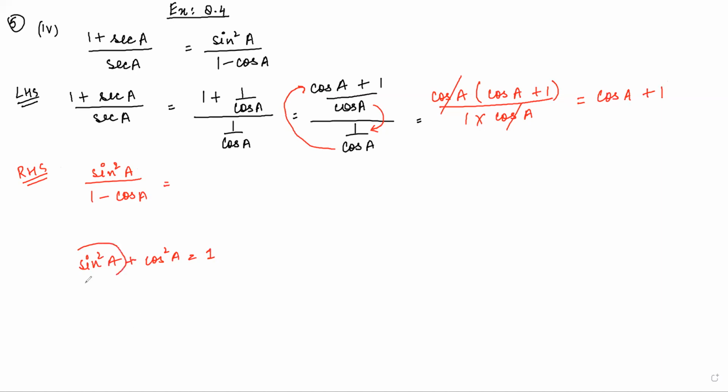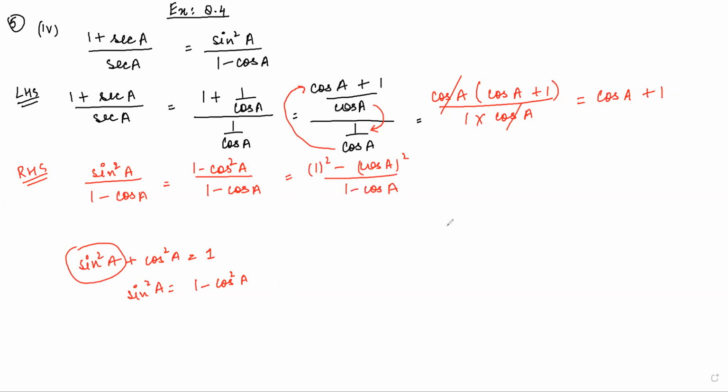So in place of sine square A, I get sine square A as 1 minus cos square A. Whenever you have sine or cos, you can convert it into the other by using this identity. So sine square A, I can write as 1 minus cos square A, divided by 1 minus cos A. Now, can I write it like this? 1 square minus cos A whole square divided by 1 minus cos A, right? No problem. Yes, ma'am. 1 square is 1.